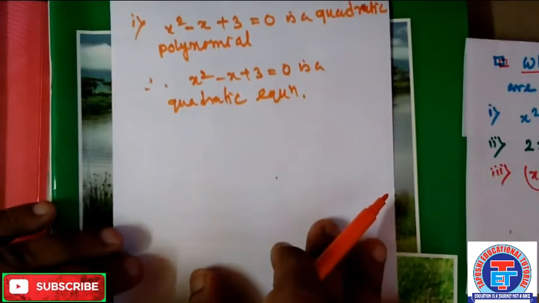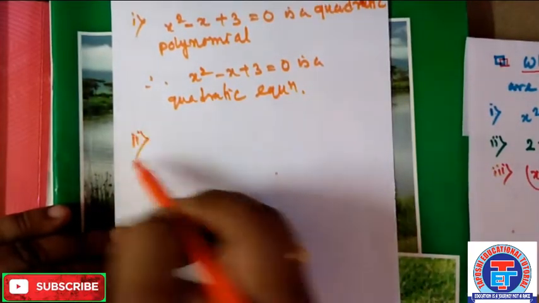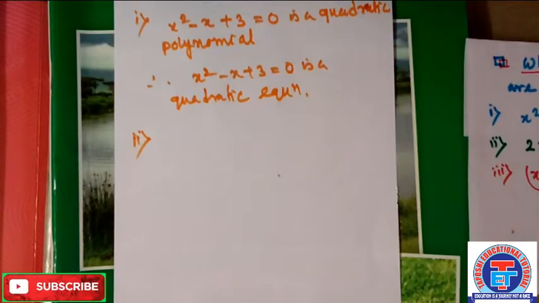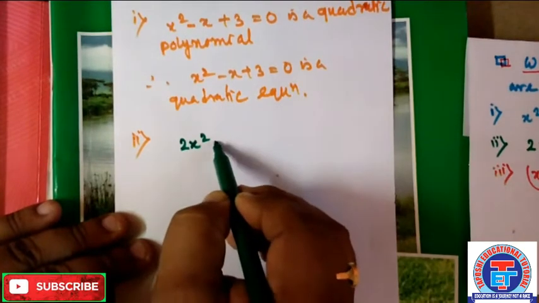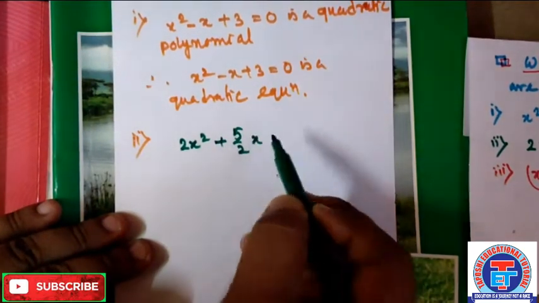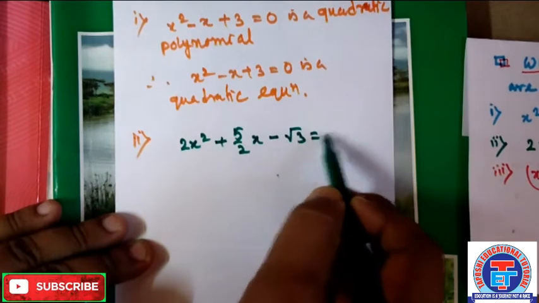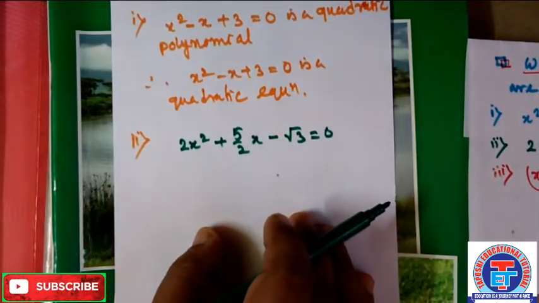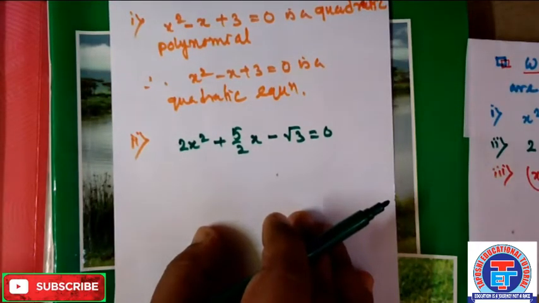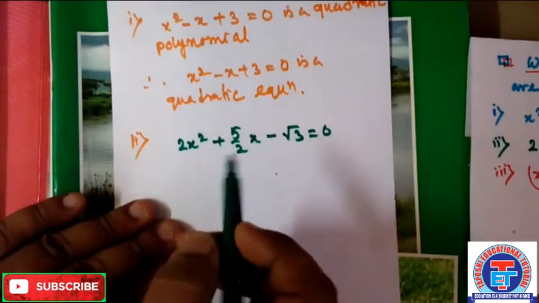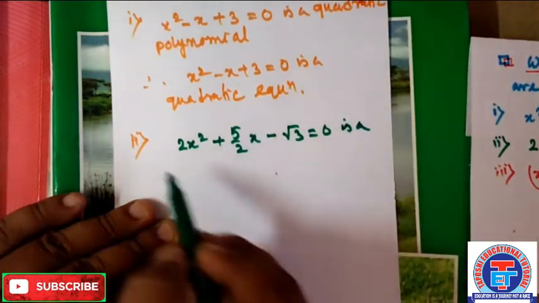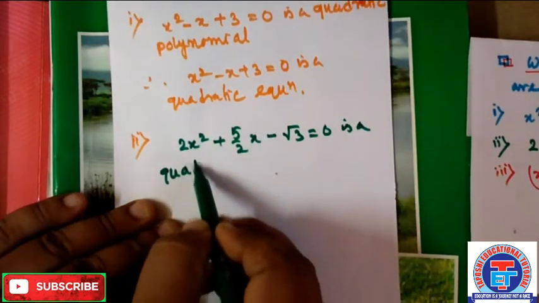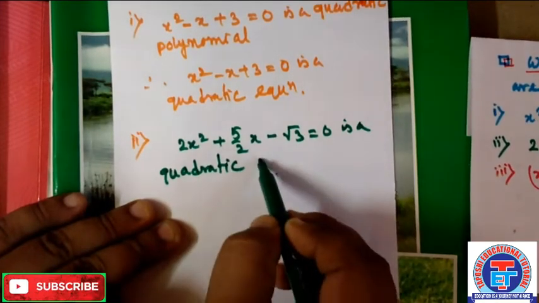Right. Now the other is given here, number 2. Here given 2x square plus 5 by 2x minus root 3 is equal to 0. Right, student? So in the same way we can write here, clearly this is a quadratic polynomial.